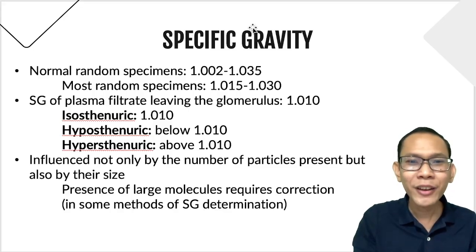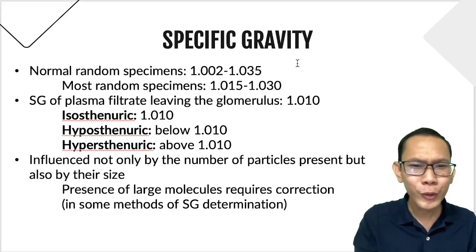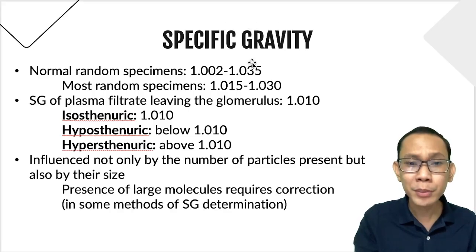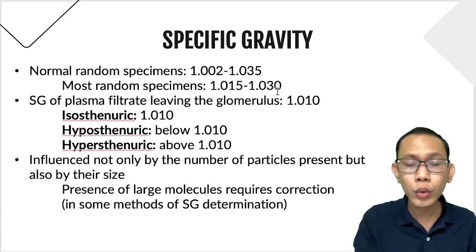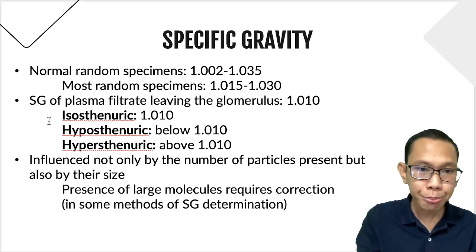But again, from physical examination alone, you can identify that it must probably be water, because the normal numerical value for a random specimen is 1.002 to 1.035, or usually 1.015 to 1.030.